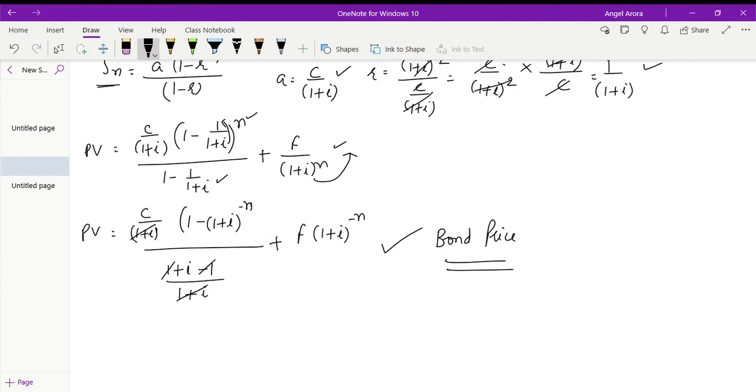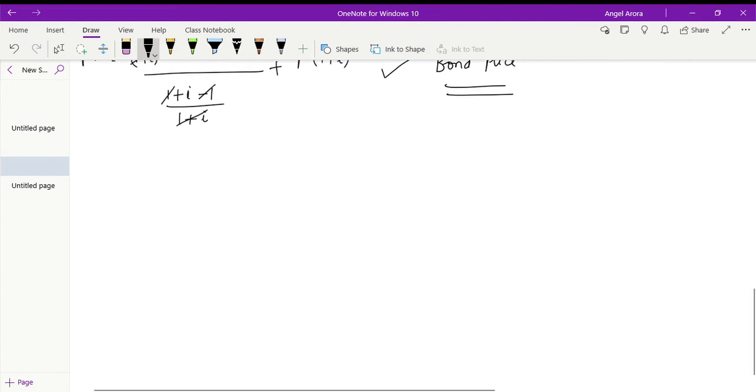So now let's solve two examples from your book M.L. Aggarwal Applied Mathematics so that you get better clarity of this concept.